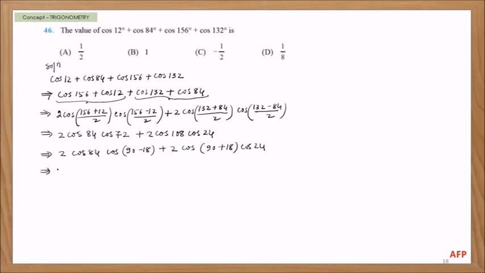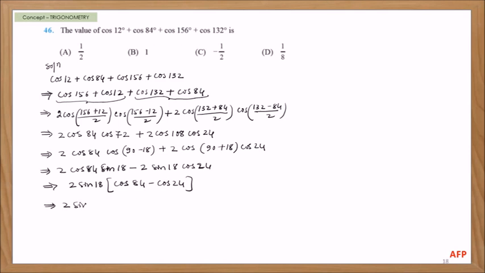So this implies cos 84 sin 18, so minus 2 times sin 18 cos 24. Why minus? It is in the second quadrant, so cos is negative. 2 times sin 18 cos 84 cos 24. Okay, now we will apply the formula for this.